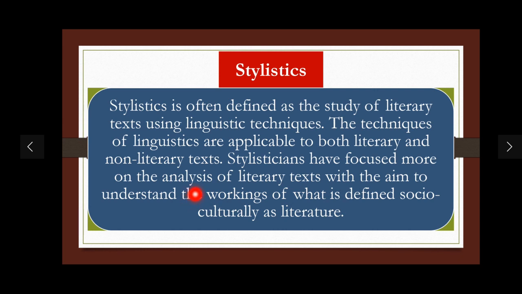So stylisticians had and have more focus on literary text, right? What is the aim when they focus on literary text? The aim is to understand the working of what is defined socio-culturally as literature, because literature is framed in a social and cultural setup.